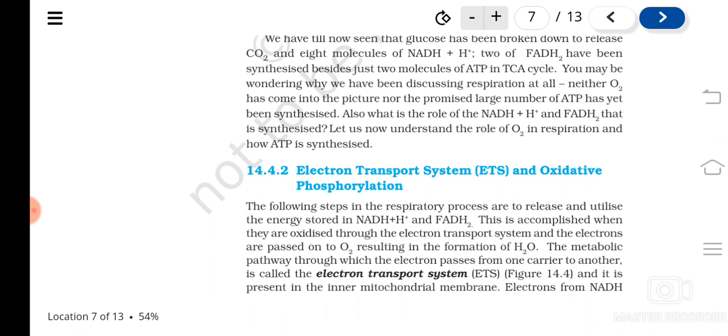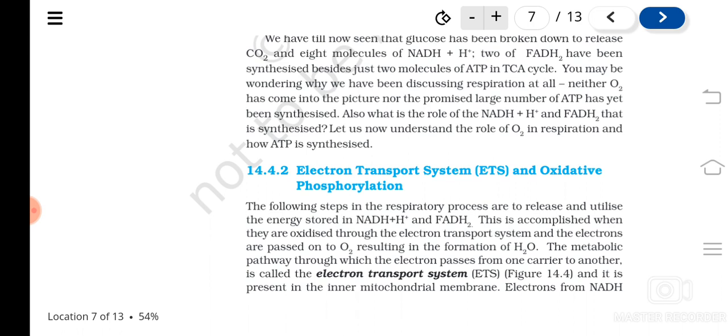of water. So we have studied that during aerobic respiration, glucose combines with oxygen and produces what? Carbon dioxide and water. So till now we have not seen any production of water or the utilization of oxygen, isn't it? In Krebs cycle and also in glycolysis we have not studied.